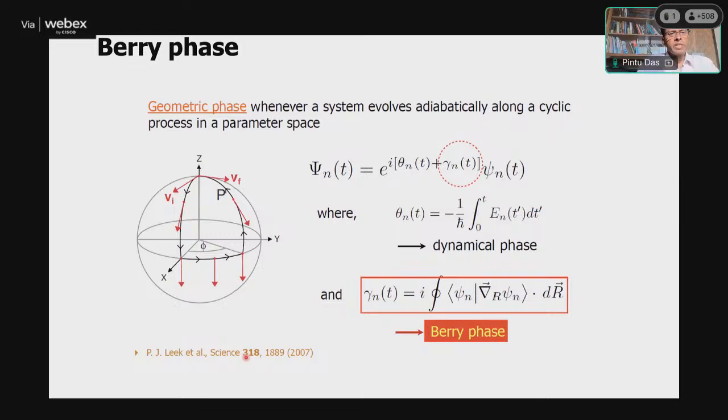So this Berry phase is a geometric phase, whenever a system evolves adiabatically along a cyclic process. Let's say this is a cyclic process. If the system with a certain velocity evolves over time in a certain parameter space, then the wave function of this system, if it is an electron, the electronic wave function, will acquire an additional phase.